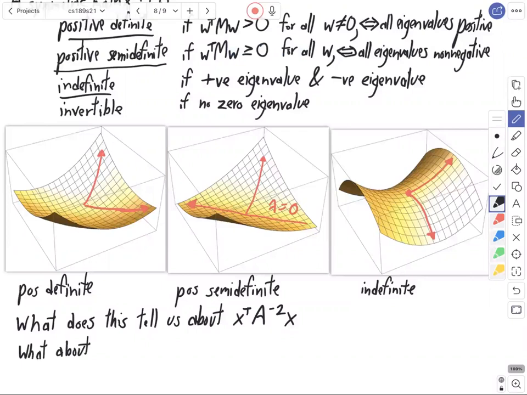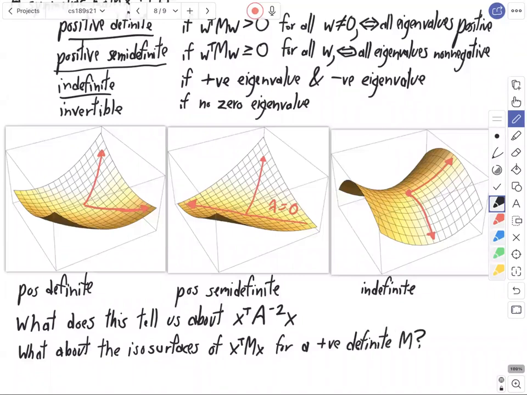And so given that we know that for the distribution that we're going to be studying, this is going to be a positive definite matrix, what can we say about the isosurfaces of x transpose Mx, or x transpose A to the minus 2 Mx?